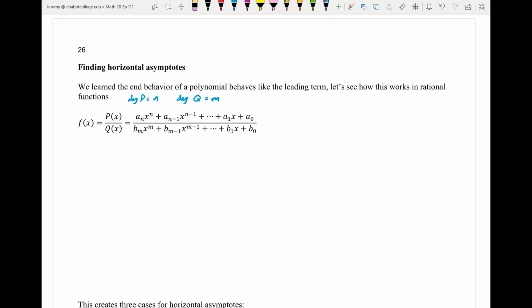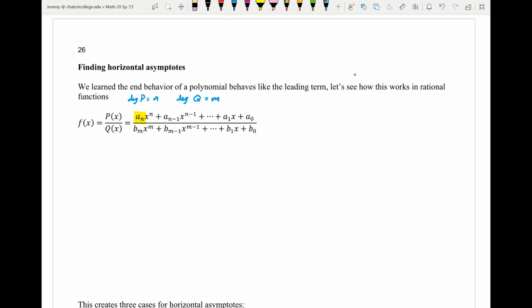So, thinking about end behavior. End behavior for a polynomial is determined by the leading coefficient and the degree. Remember, if we have an odd degree polynomial with a negative leading coefficient, then the end behavior is going to be up on the left, down on the right.